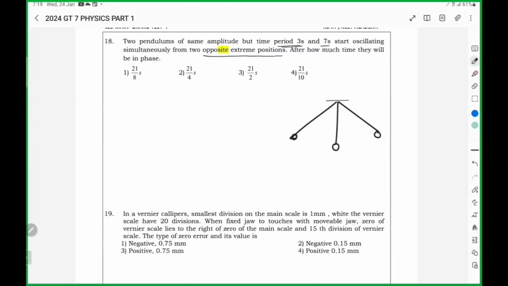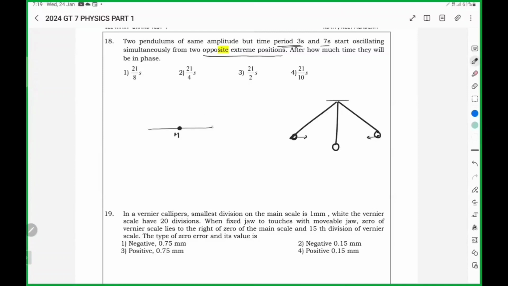One is started from here, the other is started from here. So here, about executing SHM, the particle is at the mean position.